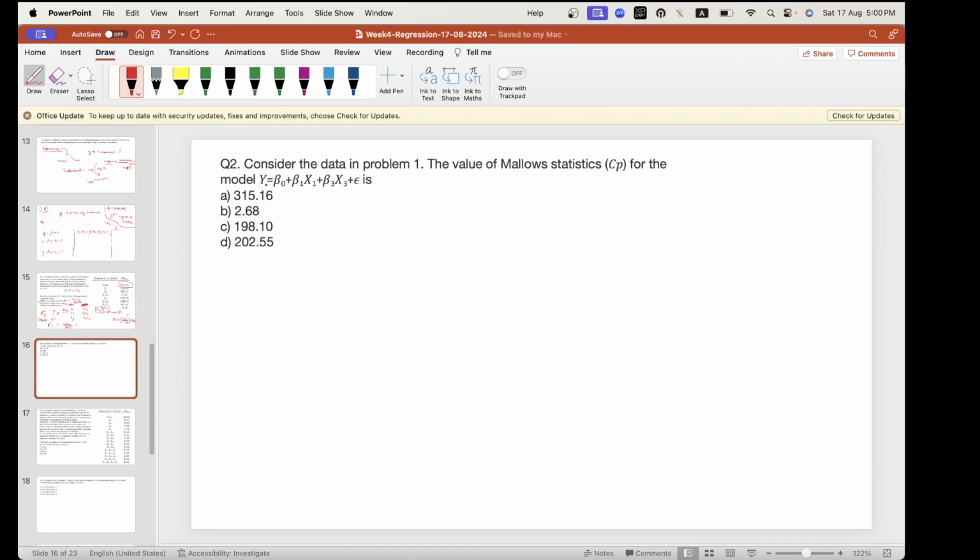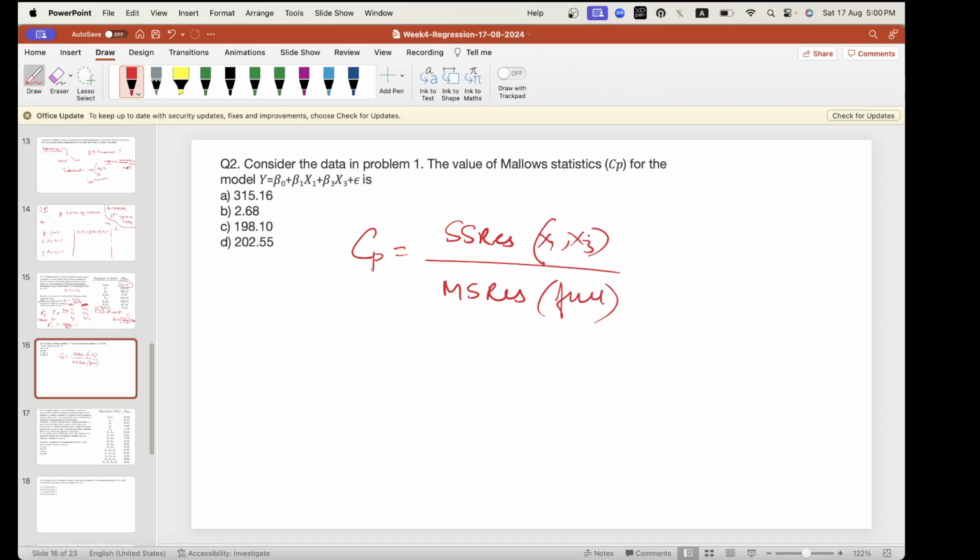So now we have this model, y equal to beta naught plus beta 1 x1 plus beta 3 x3 plus epsilon. Then what is the value of Mallows CP? Okay, so the CP value would be SS residual when we have x1 x3 by MS residual when we have the full model, minus n plus 2p.